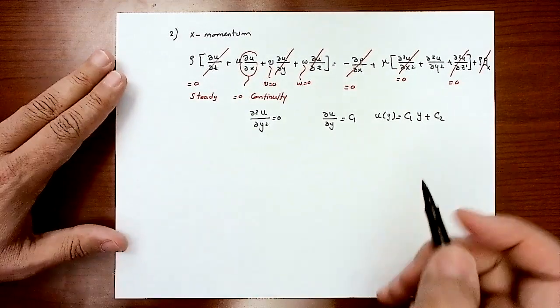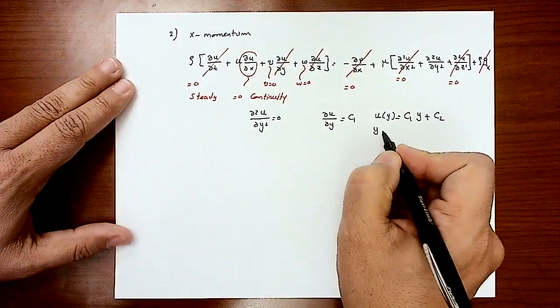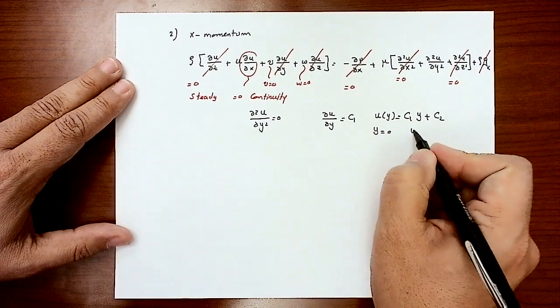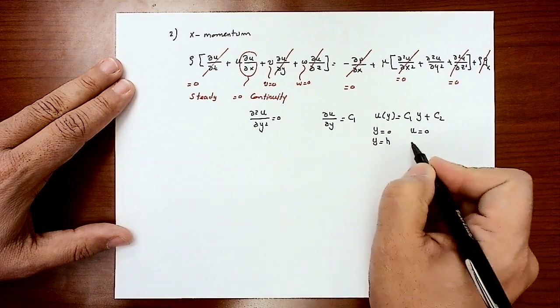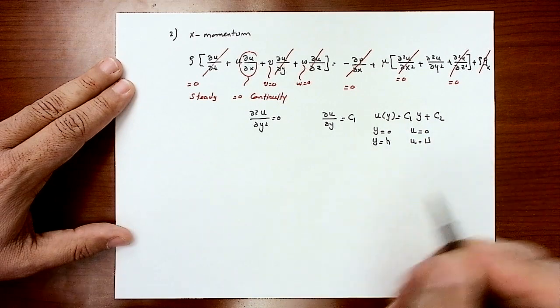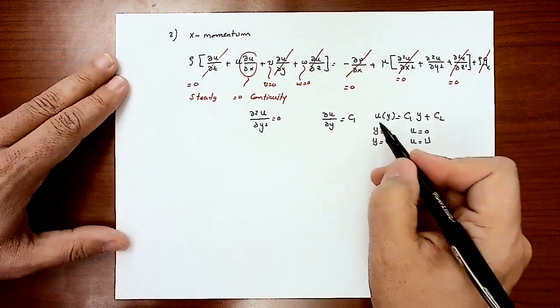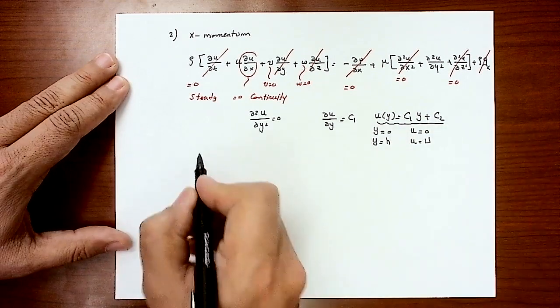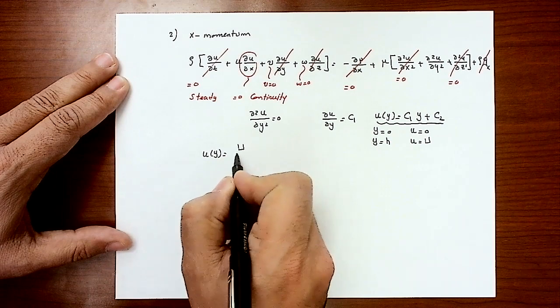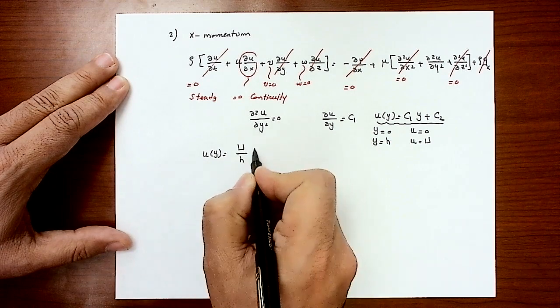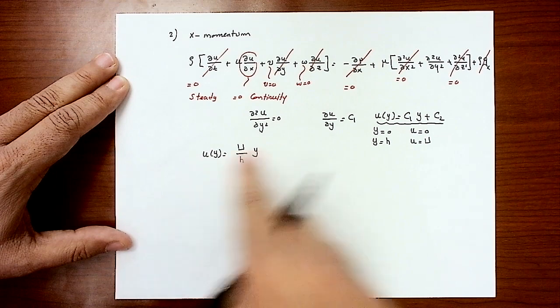Then you use the boundary conditions. Again, this is the hydrodynamic section here. I'm going to use that when y is equal to 0, we know that the velocity of the plate is 0. When y is equal to h, the velocity of the plate is the uniform velocity U. And this is a linear distribution of the velocity. You should end up having u as a function of y equal to U over h times y. So when y is equal to 0, the velocity is 0.